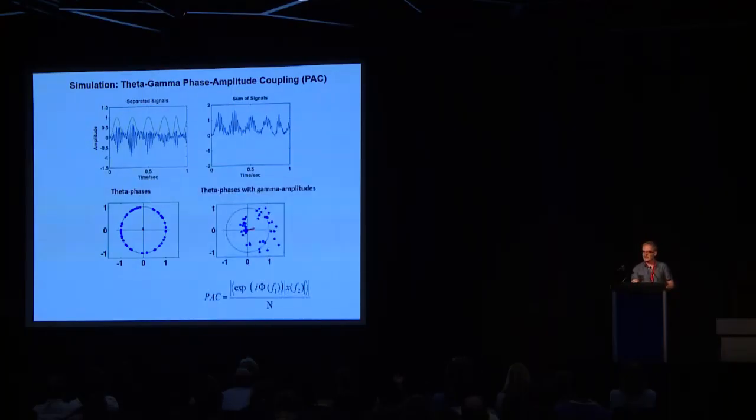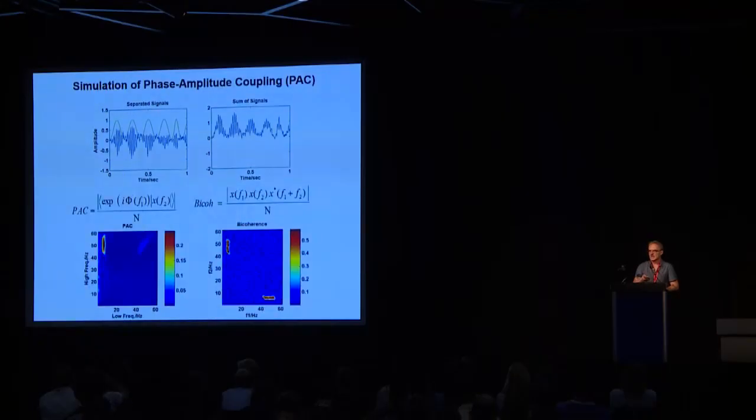However, if we weight the phases with the power of gamma, then we would say always when the phase is near zero, the gamma power is very, very large, and when the phase is on the other side, the power is very small. So phase and amplitude are coupled. And this is expressed in the quantity for phase amplitude coupling. It's just a weighted average of the phases.